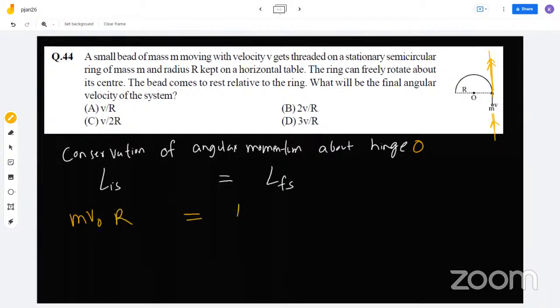Finally, I of the new object formed about the fixed axis O into omega.